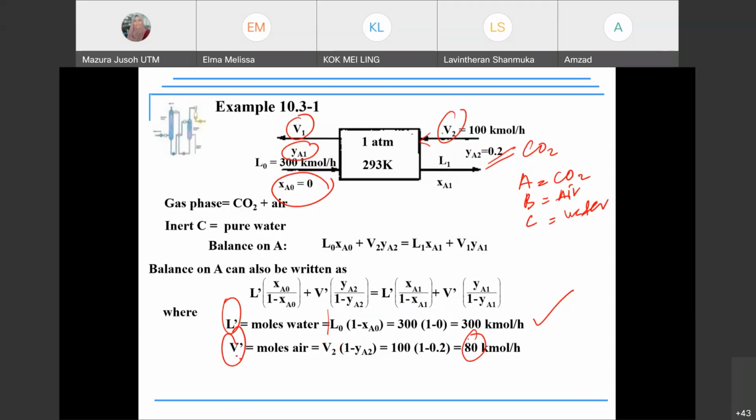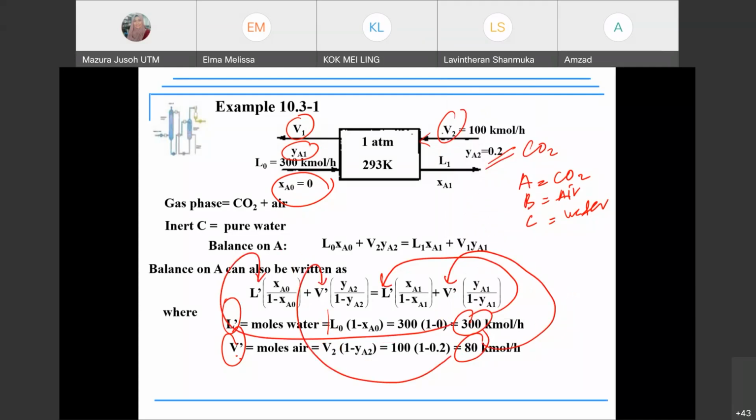So when you know these two, L prime and V prime, which is 300 and 80, you will be putting them into this equation. Insert all the known values into those equations. So 300 is the L prime, you put into L prime. 80 is the V prime, and you put that into V prime.